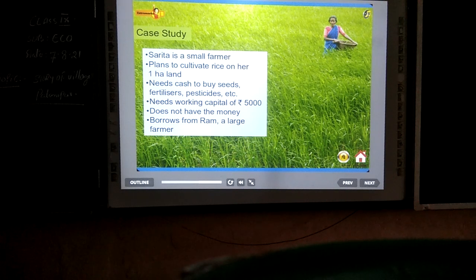She needs money to buy the seeds, the fertilizers, and the pesticides, and needs working capital of almost 5,000. She does not have the money, so she borrows from Ram, a large farmer, a rich man, 5,000 rupees to cultivate the 1 hectare of land.